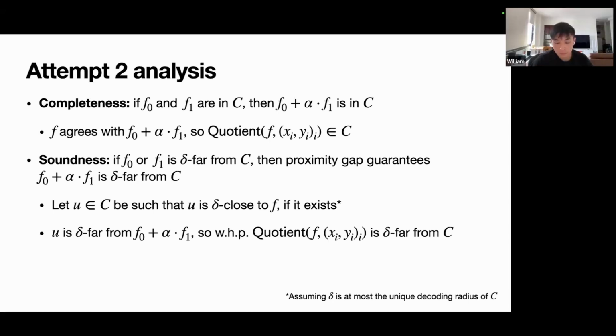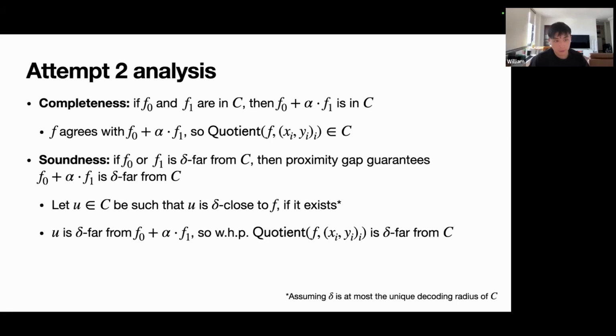In other words, it looks like you're only analyzing the case where F0 and F1 are far. There's another way for the prover to be malicious, which is inconsistency. Sure. Yes. I guess I've overlooked this in the slide here.